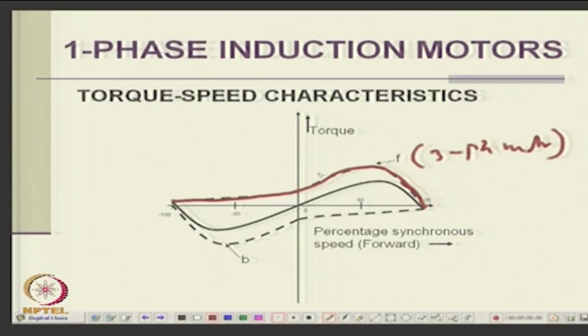Then for the backward, what you do is change the phase sequence of the windings, apply the same voltage, but change the phase sequence, and then it will follow this curve, the backward. So, this is due to the F field, this is the B field.